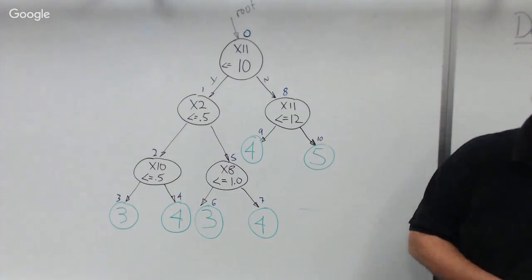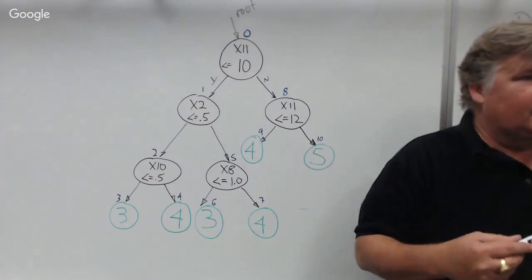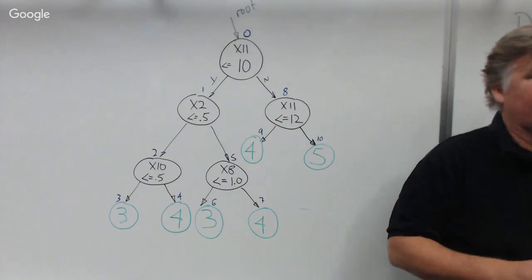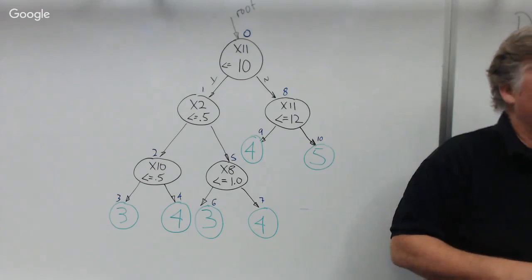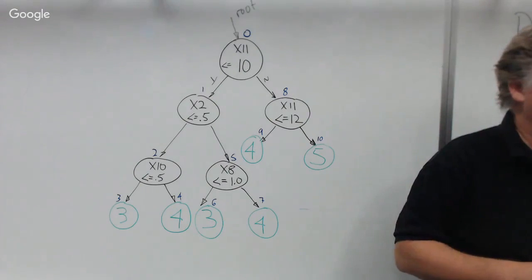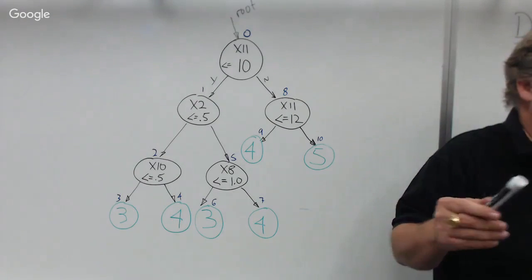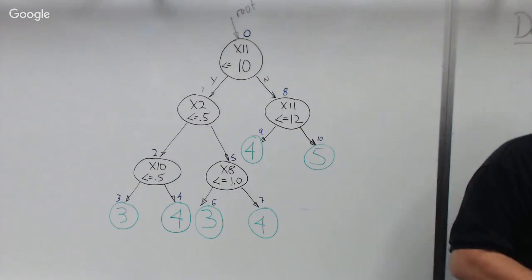Now, a couple things to point out here. We don't necessarily use all factors in a decision tree. Sometimes some factors are just so predictive. In fact, sometimes for some data, you might have 10 factors, but only end up using one of them in your decision tree.